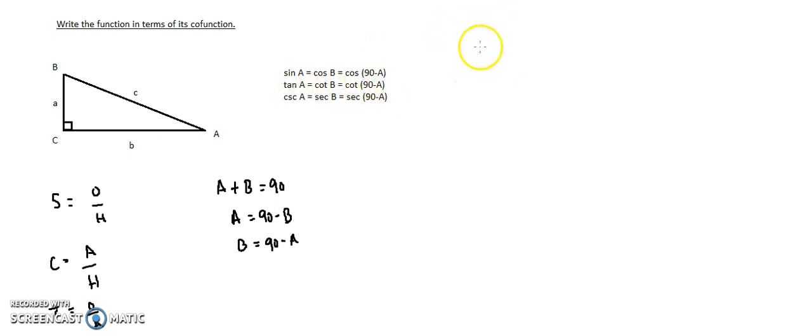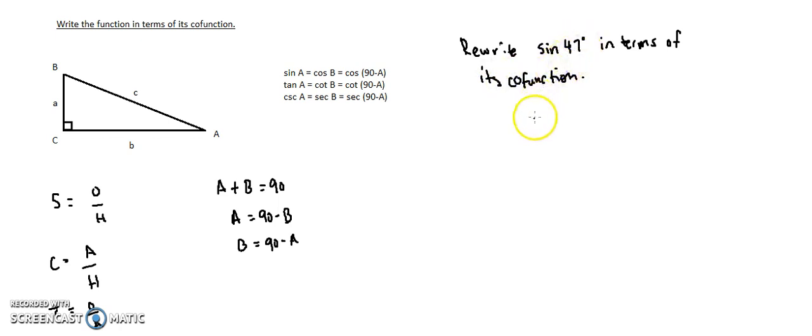So let's say we want to rewrite sine of 47 degrees in terms of its cofunction. Okay, so we say sine of 47 is equal to cosine of 90 minus 47.